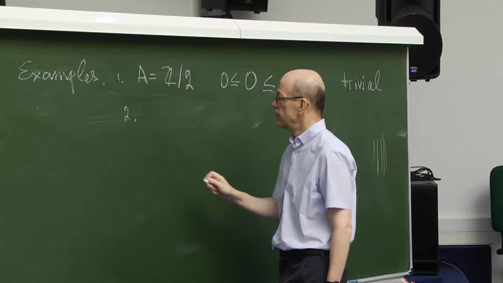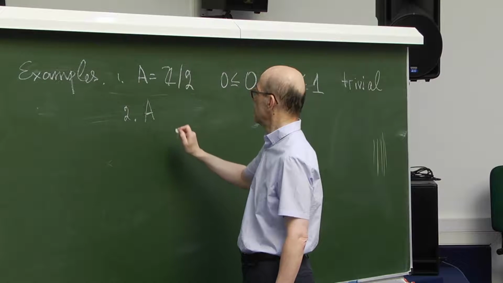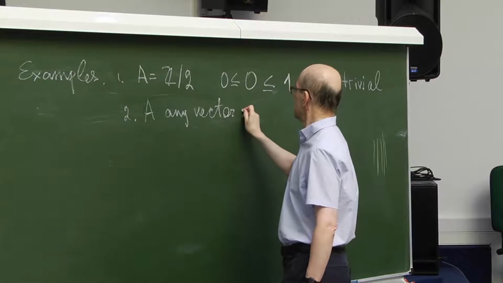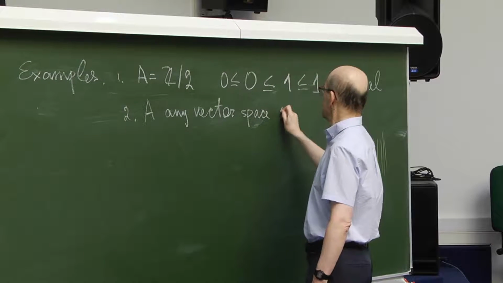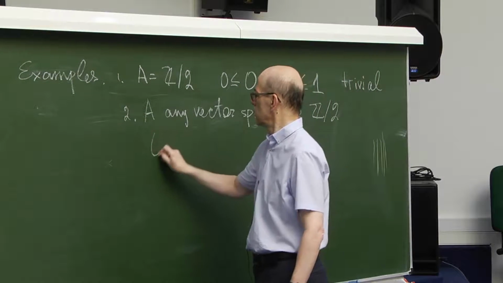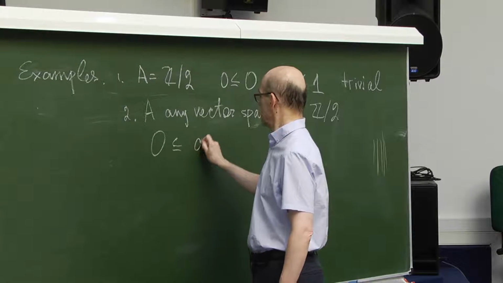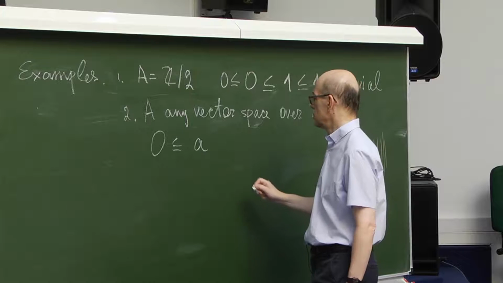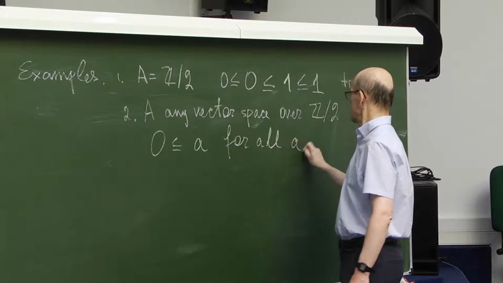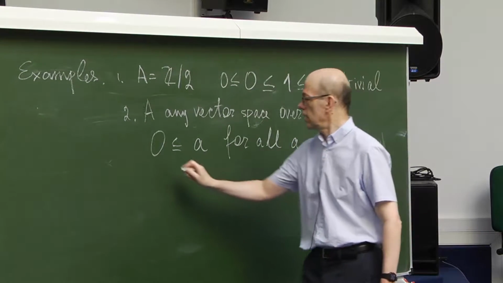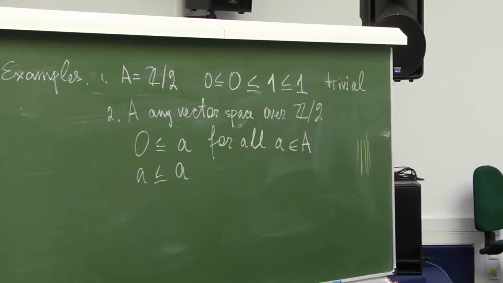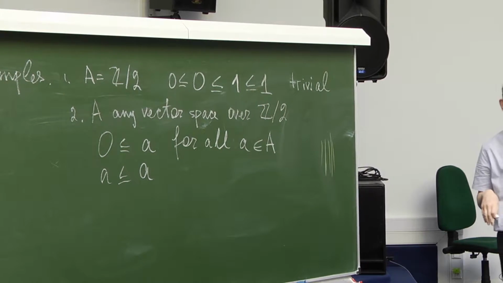Instead of Z2, you take any vector space over Z2, and then you say that 0 is smaller than or equal to any element, for all elements of A. And of course, A is smaller than or equal to A. So this defines a partial order which satisfies all the conditions.